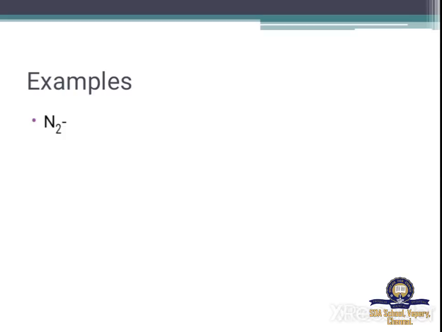Okay, first we have nitrogen, in which there are 2 atoms, so it is named a diatomic molecule. The atomicity of nitrogen is 2. As you see, it has 2 atoms.